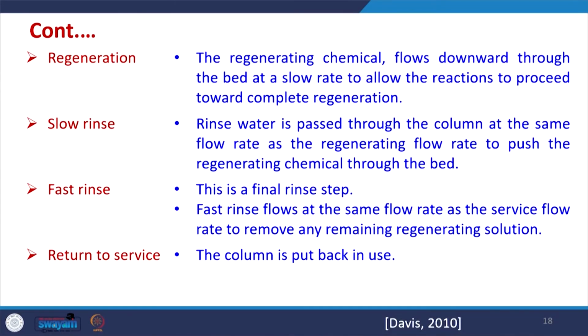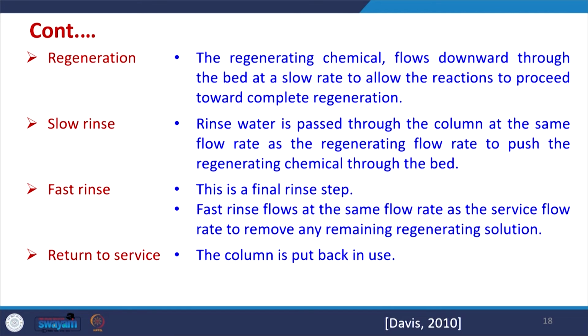After that, we perform first slow rinsing. In this case the rinse water is passed through the column at the same flow rate as the regenerating flow rate to push the regenerating chemical through the bed. Then fast rinsing is done.